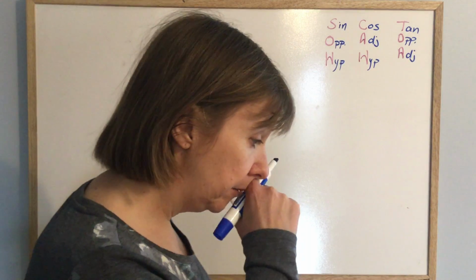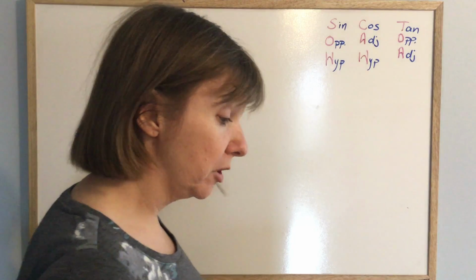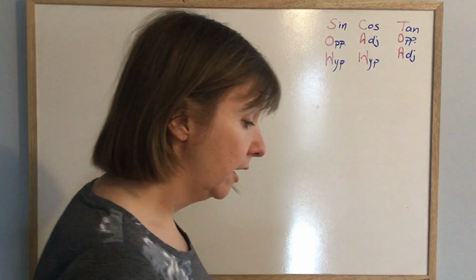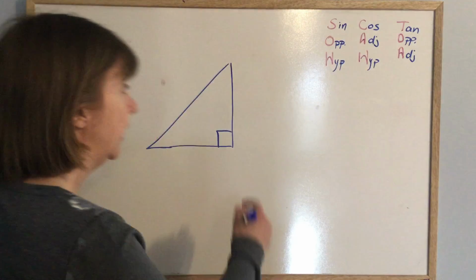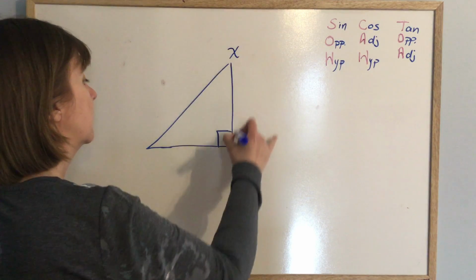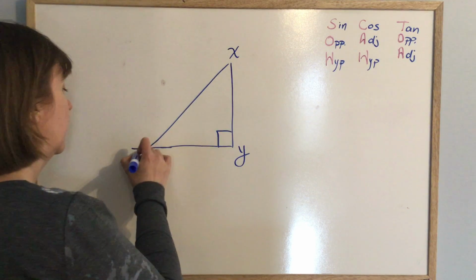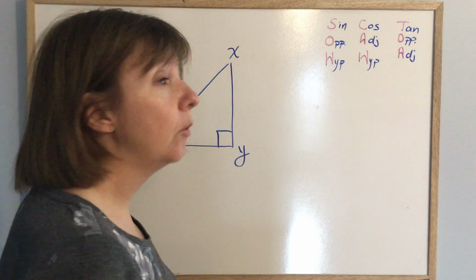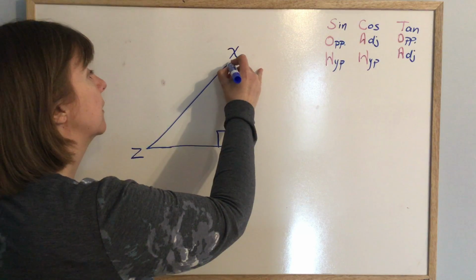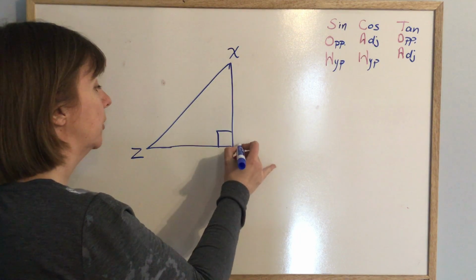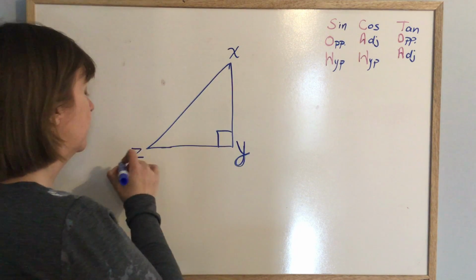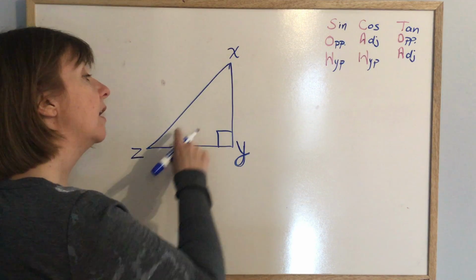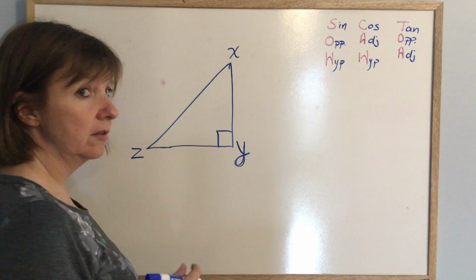So the example on page 494 that we're gonna do gives us a triangle and it labels it X, Y, and Z, all right? Remember that angles are always capital letters. So capital X, capital Y, and capital Z. The side opposite the angle is represented with a small letter.